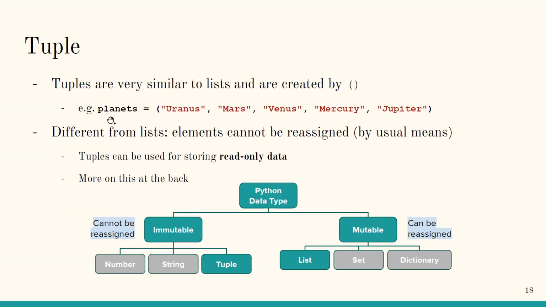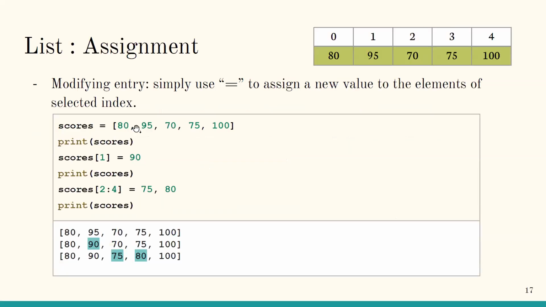Okay. So next is another data type called tuple. You can see that it is with round brackets in here, right? For example, we have some names for the planets here. So round brackets. It's different from list because the elements cannot be reassigned. Which means that you cannot do what we have done in here.